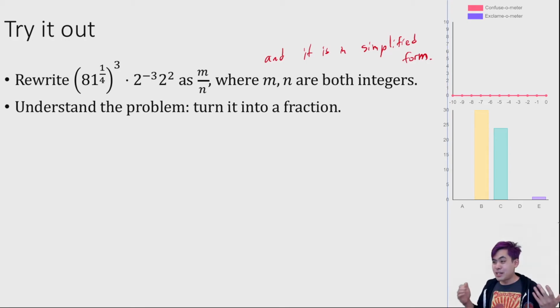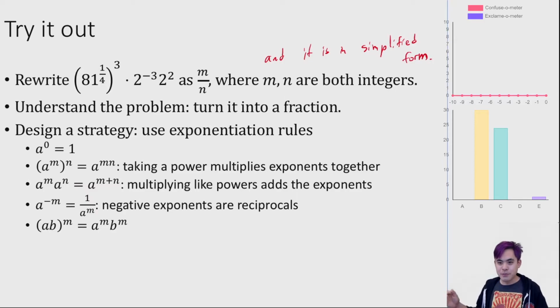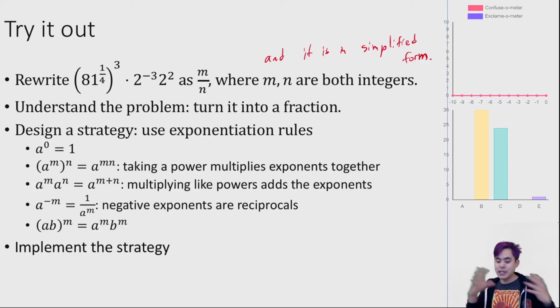It looks like there are a lot of powers here, so you have to use the exponentiation rules. I have the 5 of them listed here, and you have to know all these rules. If you see this on a quiz, hint, hint, you will see this on a quiz, you'll need to know all these exponentiation rules and be able to apply them to implement the strategy of using exponentiation rules to turn this into just a single fraction.